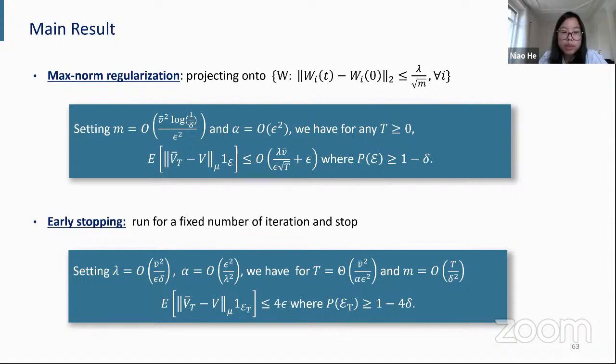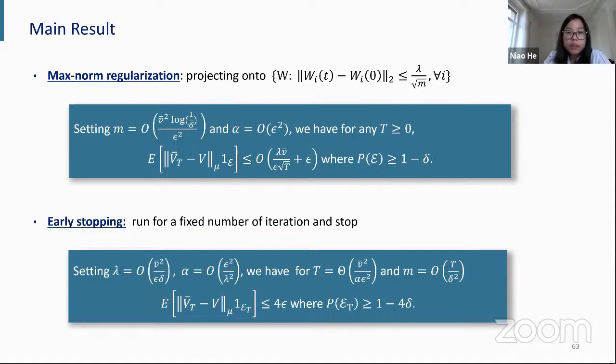You need some overparameterization here: the number of neurons has to be more than the number of samples you have seen. Under these conditions, you can also show this type of convergence.